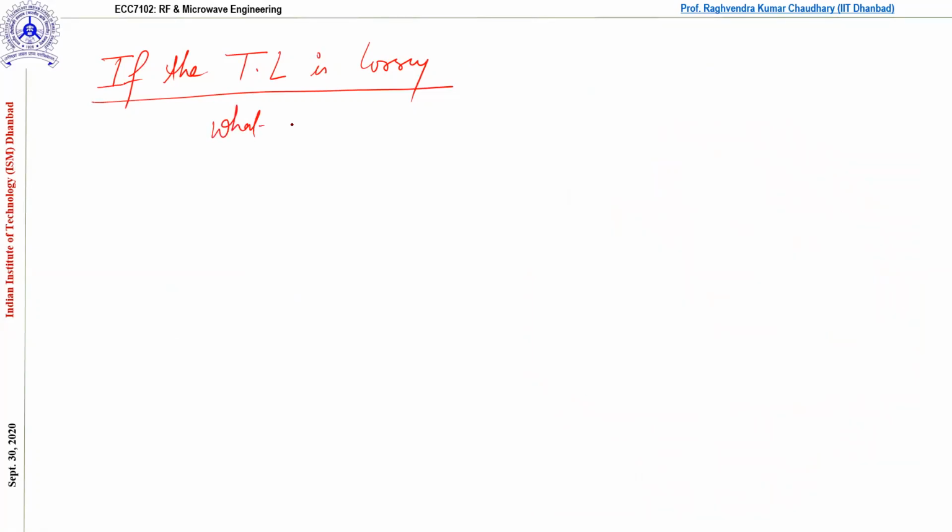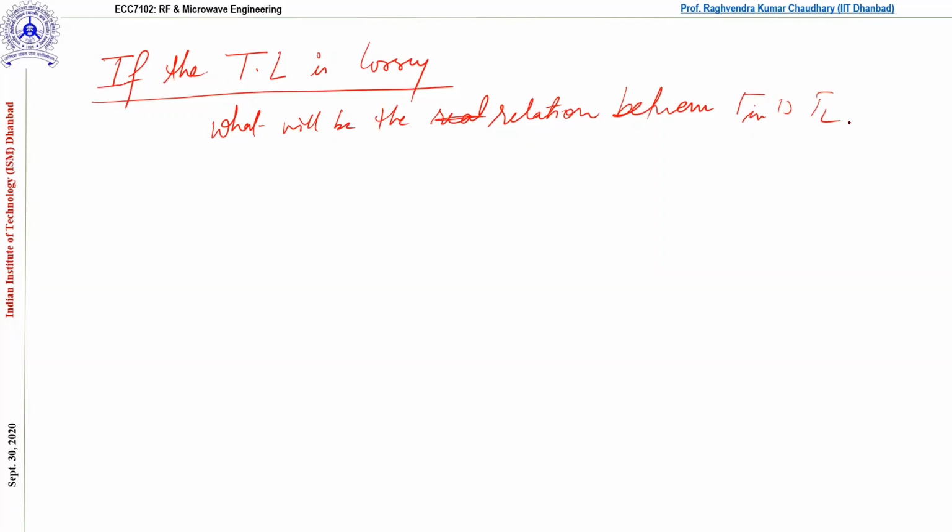Correct. So if the transmission line is lossy, what will be the relation between gamma in and gamma L?